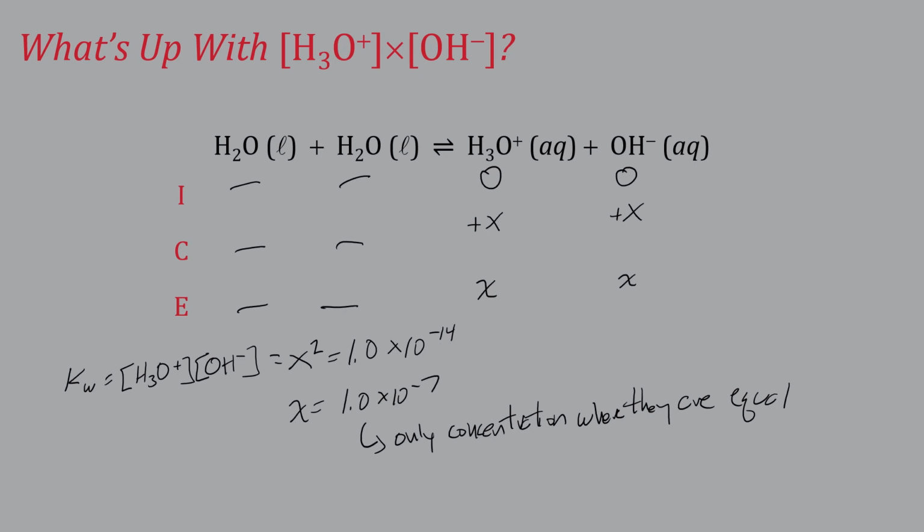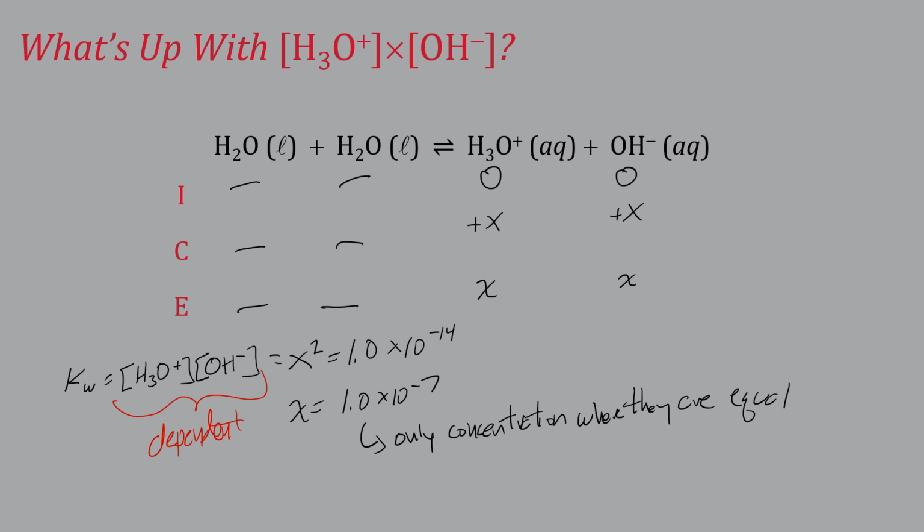The other thing, and this is probably the most profound one, profound enough that I think I'm going to give it in a different color here. These two concentrations are dependent on each other. They are not independent of each other because their product always has to equal 1 times 10 to the negative 14.